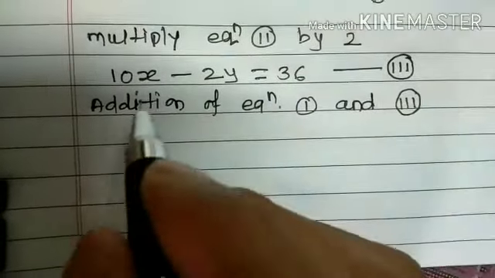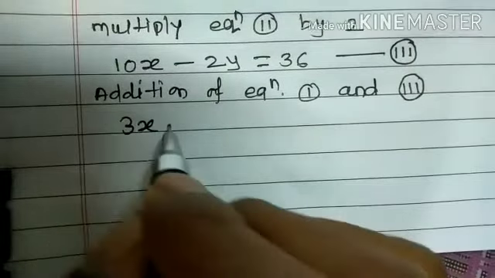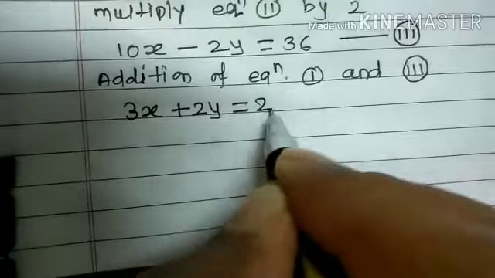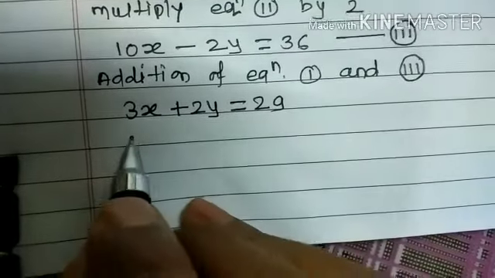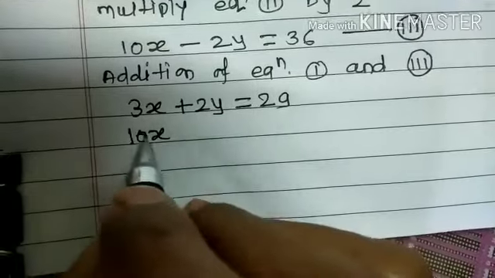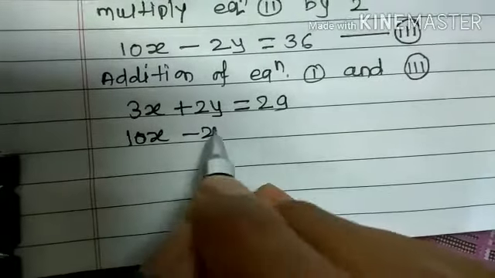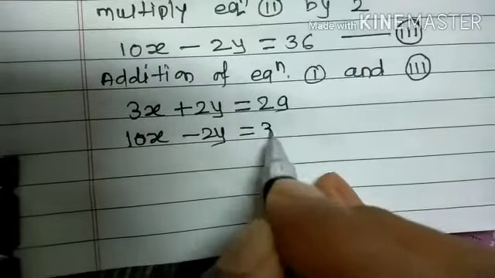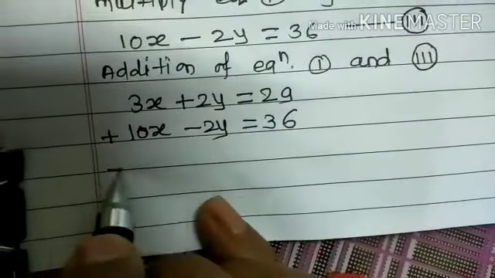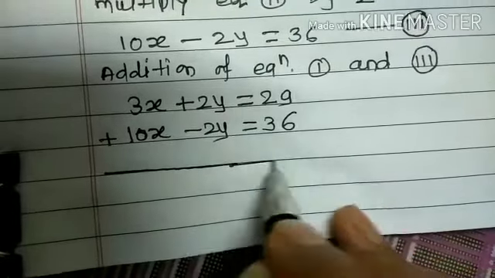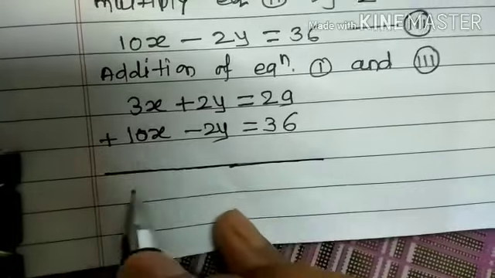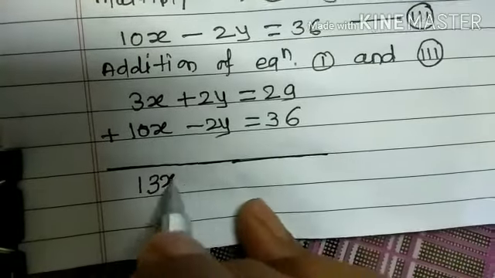Now equation 1 is 3x plus 2y is equal to 29, and equation 3 is 10x minus 2y is equal to 36. Addition of both equations: 10 plus 3, how much? 13x.